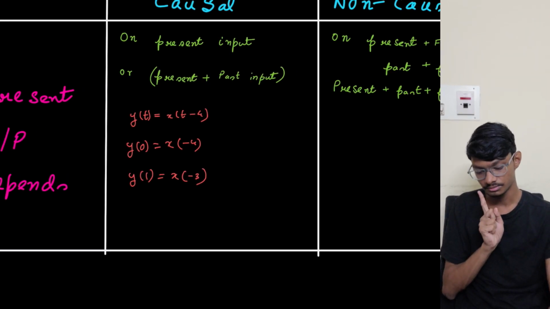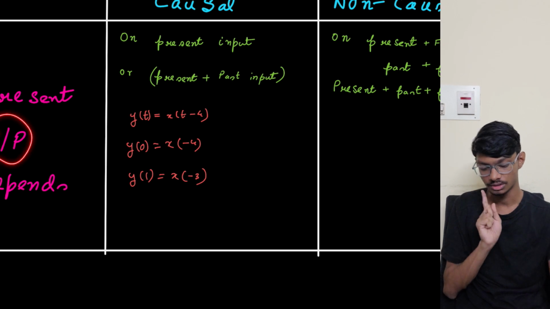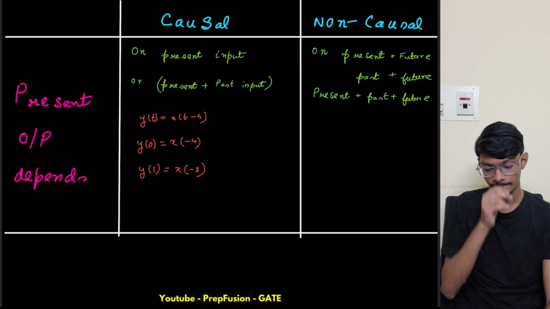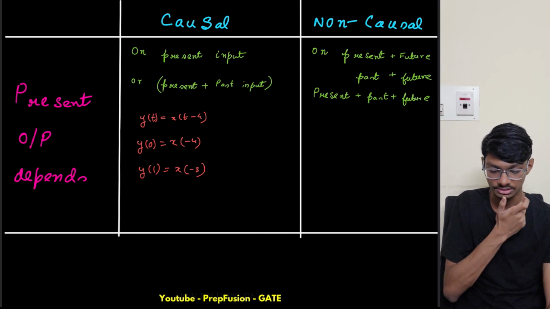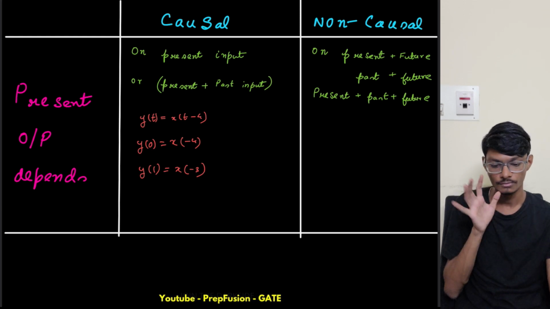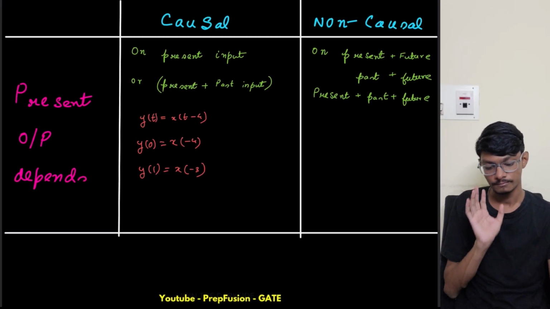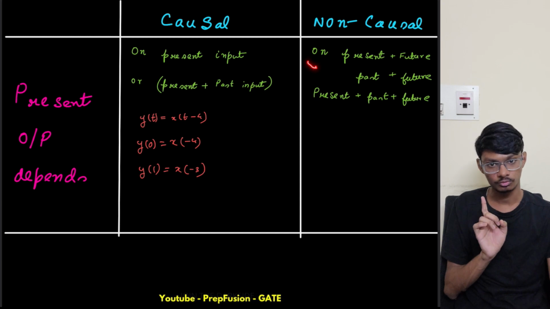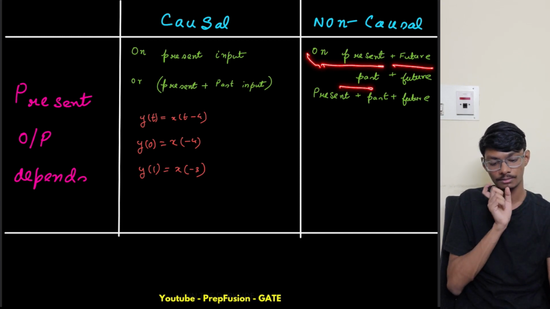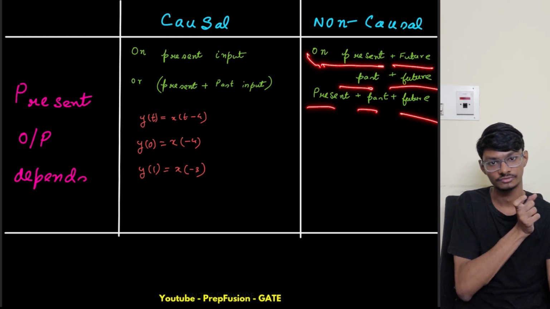So for a causal system, the output should depend on the present input or the present plus past input. This is very important. From this we'll understand the difference between causal and non-causal, and the meaning of causal. For non-causal, the present output should depend on the present plus future, or past plus future.